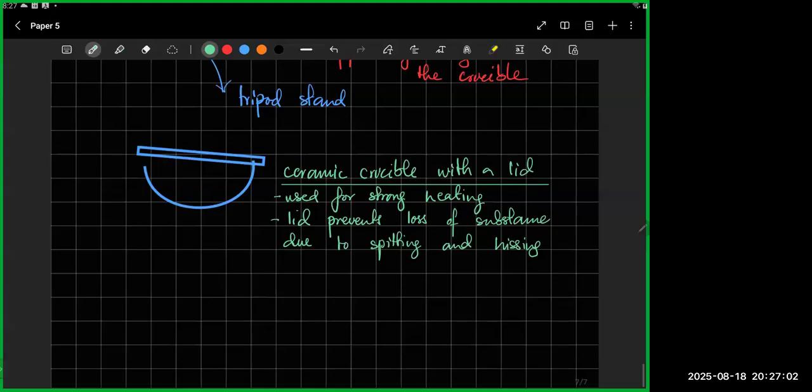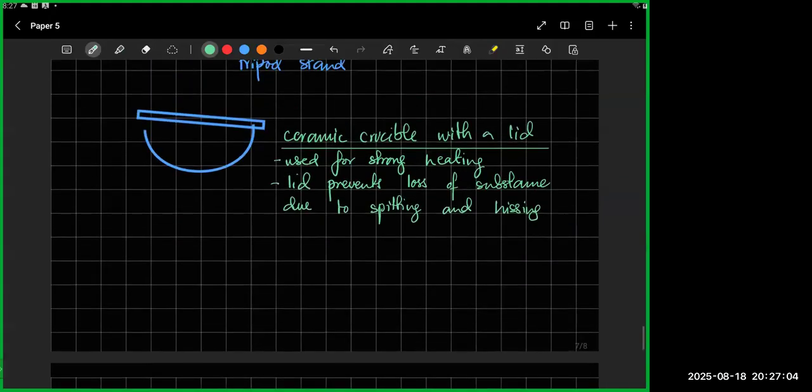So apart from a crucible, the other suitable apparatus for strong heating is a boiling tube.